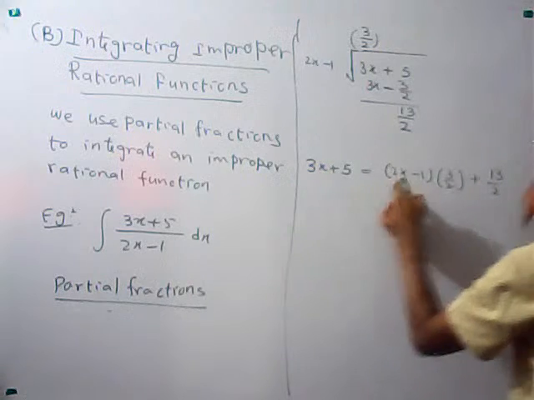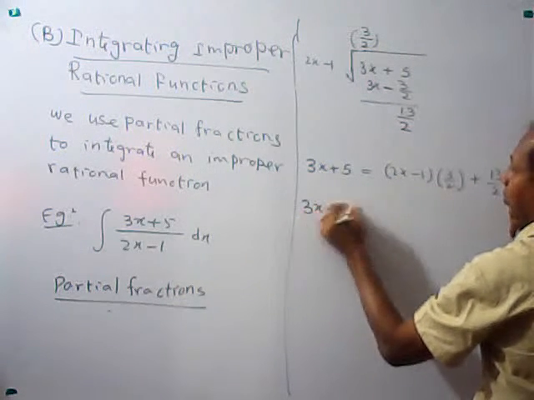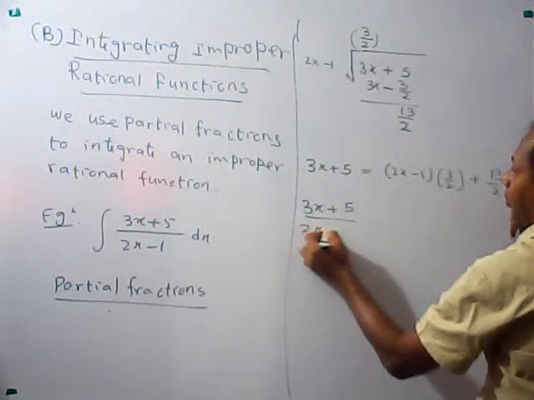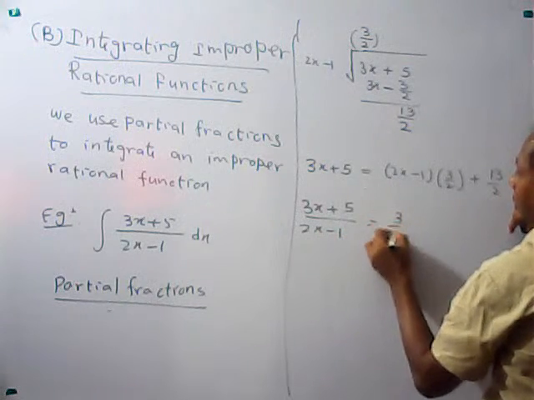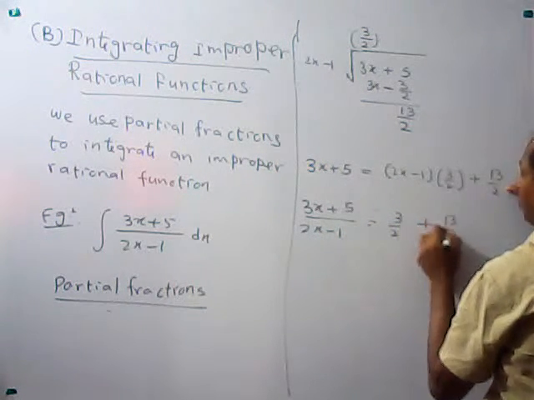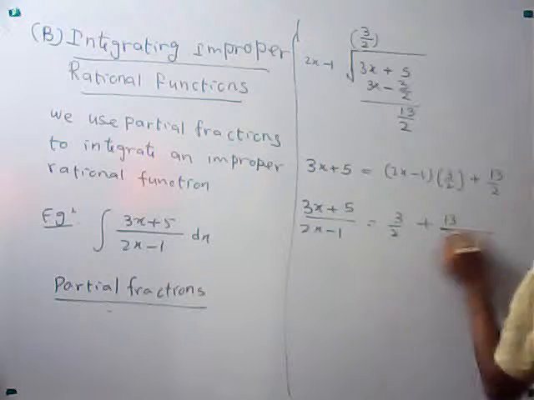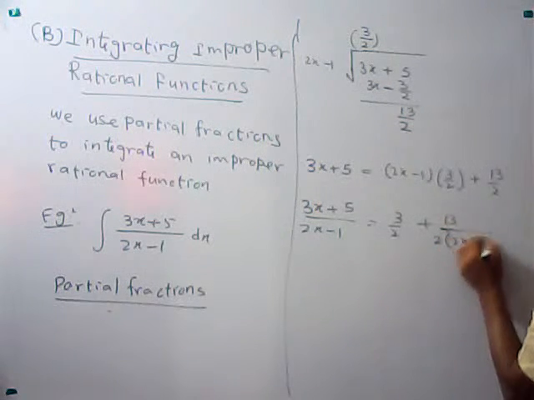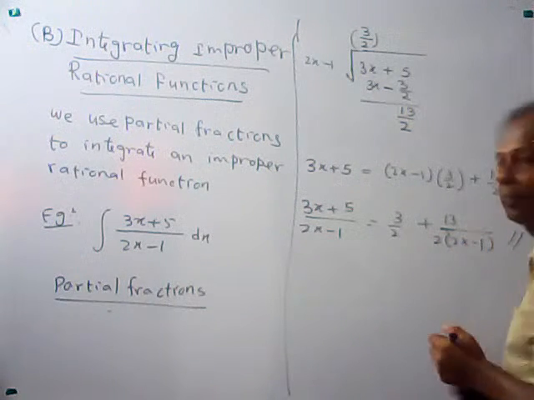Now divide by this, you get 3x plus 5 over 2x minus 1 equals 3 over 2 plus 13 over 2 times 2x minus 1. These are the partial fractions.